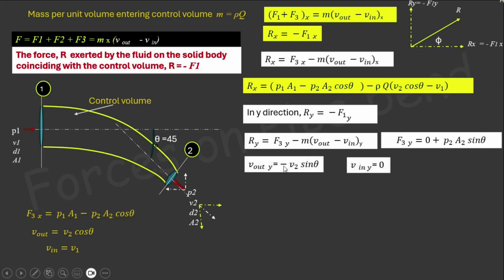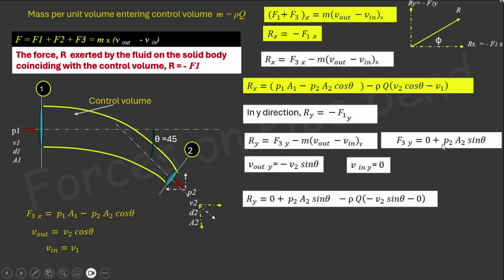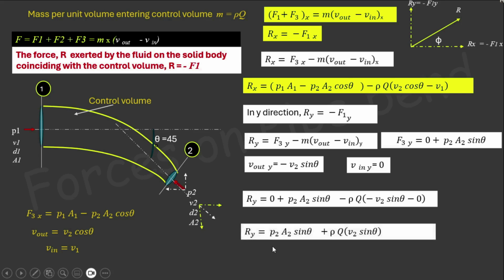So if you are substituting, Ry equal to P2A2 sine theta minus rho Q into minus V2 sine theta minus 0. So this can be simplified into Ry equal to P2A2 sine theta plus rho Q into V2 sine theta. So the resultant force in x direction is represented by Rx, and it can be calculated by using this expression, and the resultant force in y direction can be calculated by this equation.